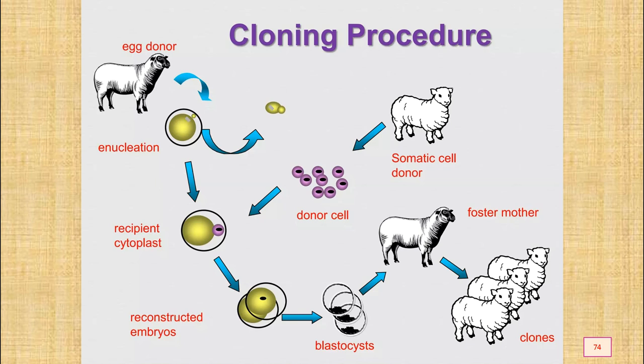So cloning involves the procedure of searching for a donor animal. Then we take its somatic or body cells. Then the donor cell is fused with the recipient cytoplast. Other techniques have not worked here.